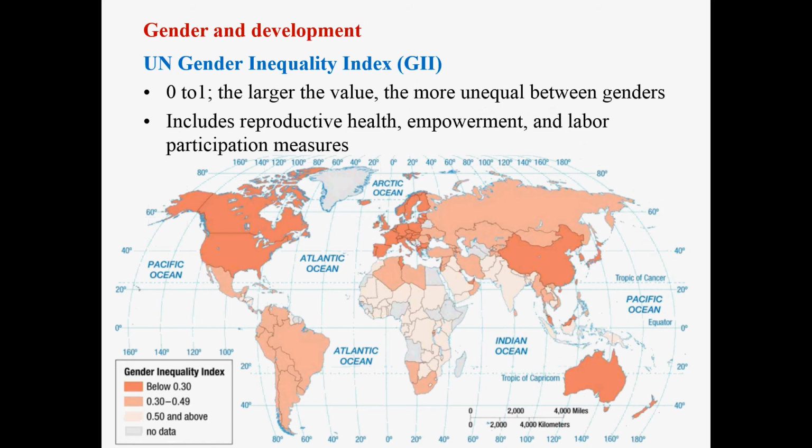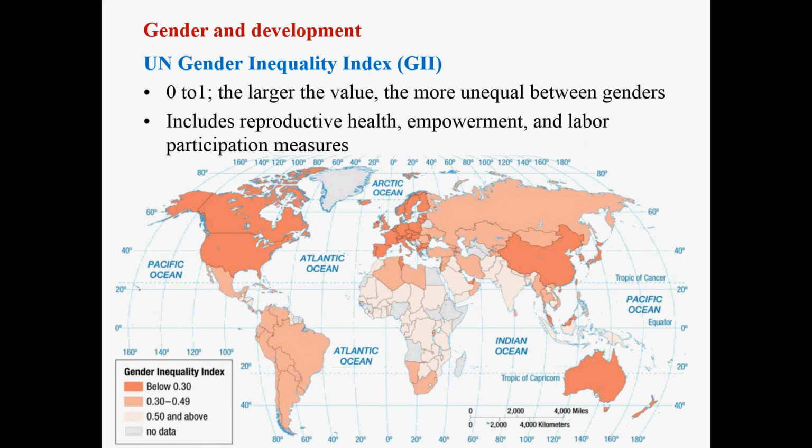Okay? And again, this is a composite measure that includes reproductive health, empowerment, and labor participation measures. Reproductive health is basically how much health care women receive so that they become healthy, and also their babies become healthy.